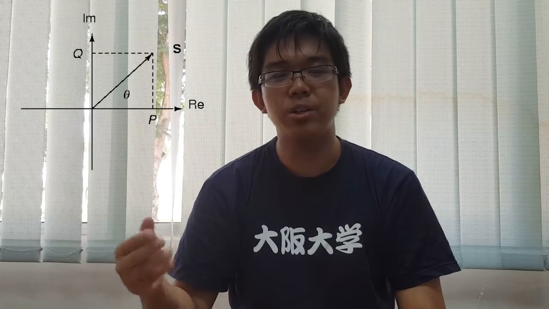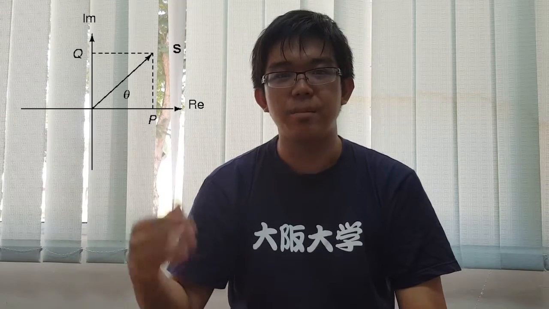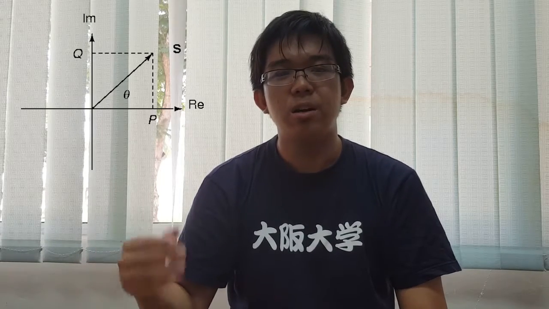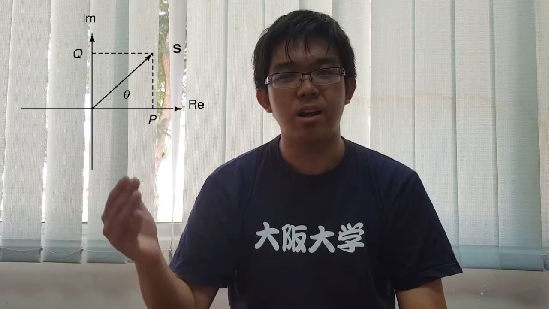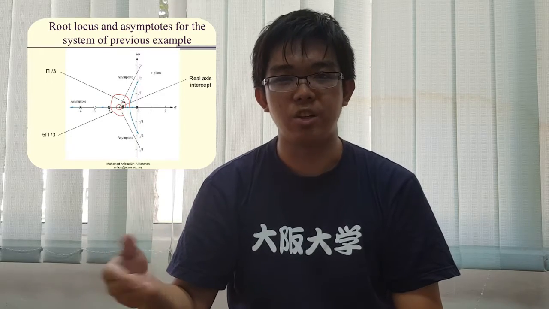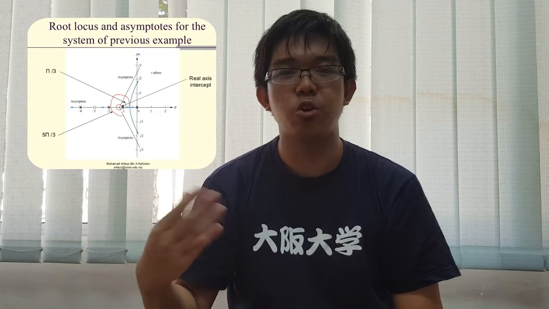From it, we can know about real power, which is represented by the real axis, and reactive power, represented by the imaginary axis, while their hypotenuse represents the complex power. Lastly, the complex plane can also be used for control theory, where the root locus can be plotted in the complex plane so that it can show the behavior of the root locus.